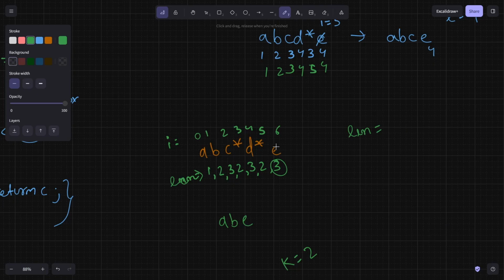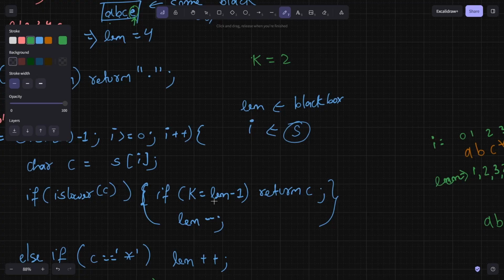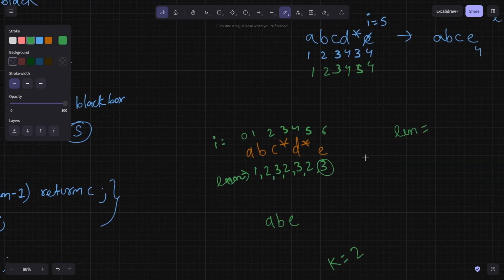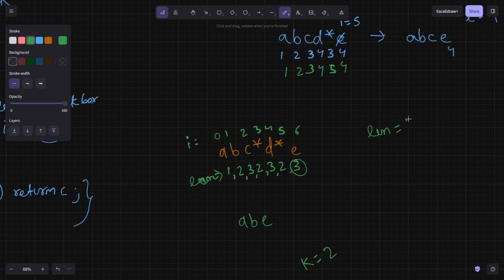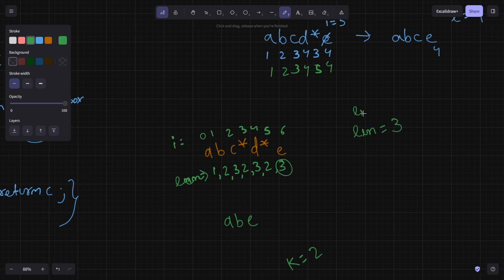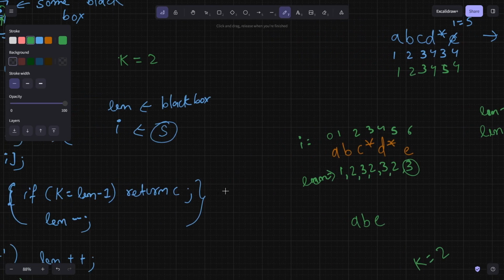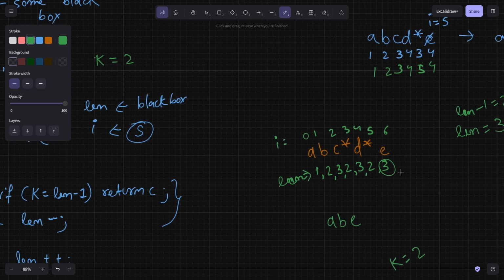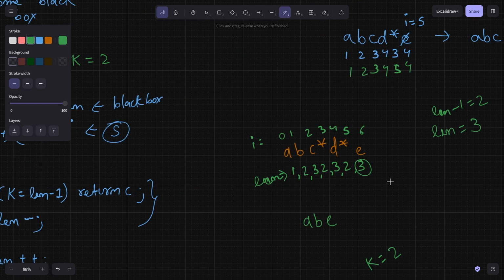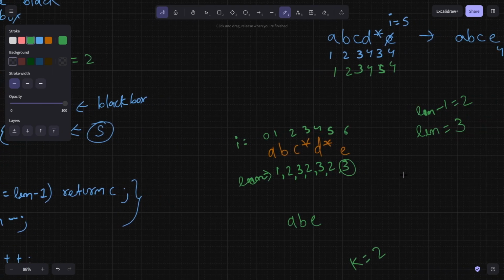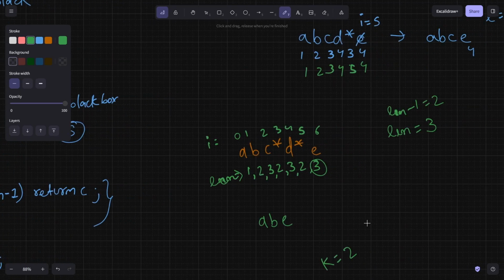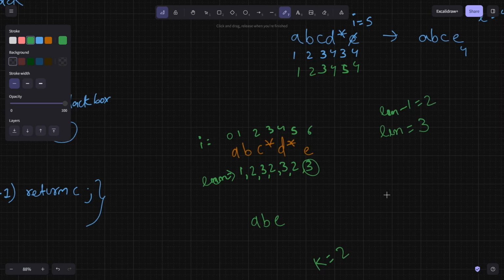At index 6, if k equal to length minus 1, okay, length is 3 here, so length minus 1 equal to 2, so we have found 2. Hold on, yes, at index 6 we got length equal to 3, and that is equal to k plus 1, that is length minus 1 equal to 2, and we simply return here.